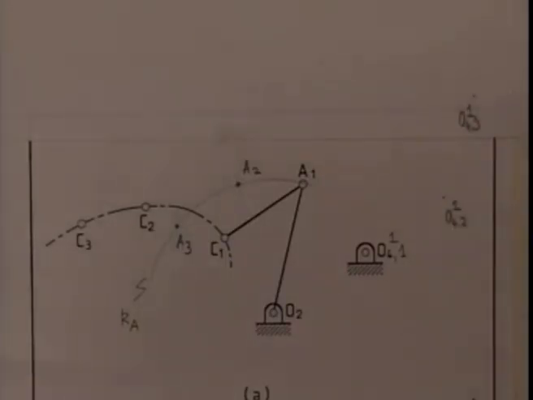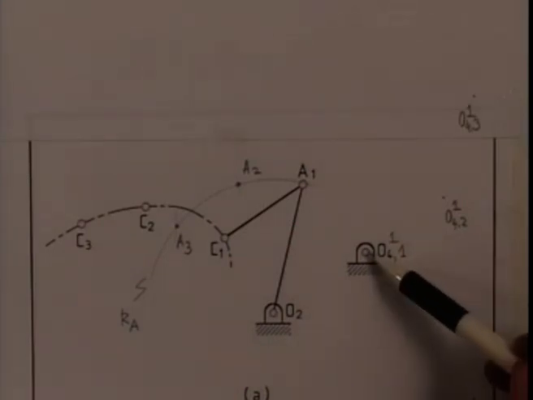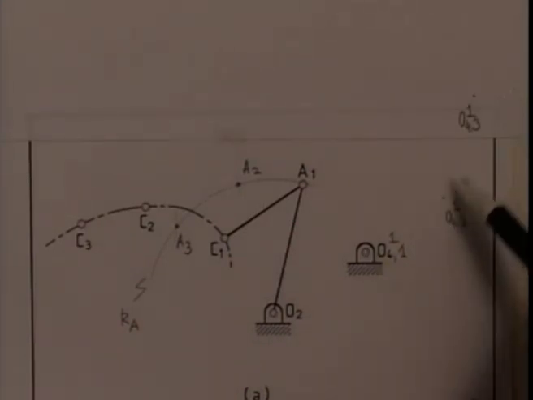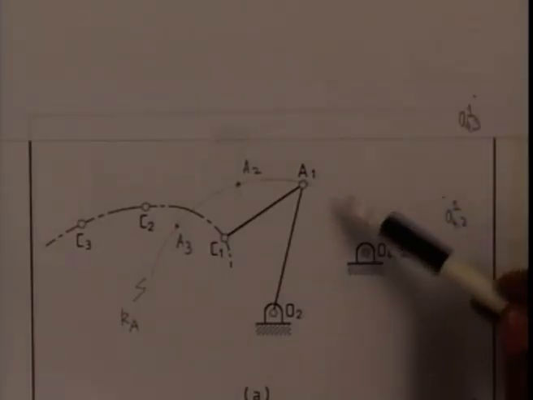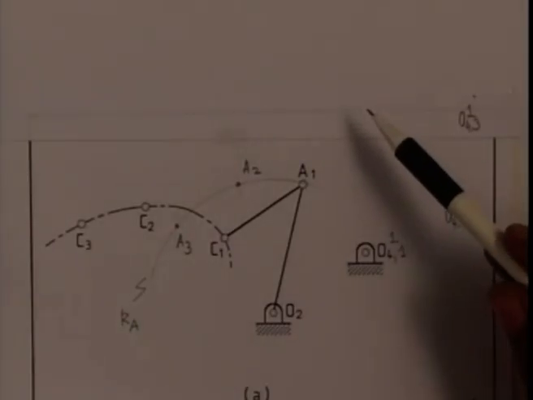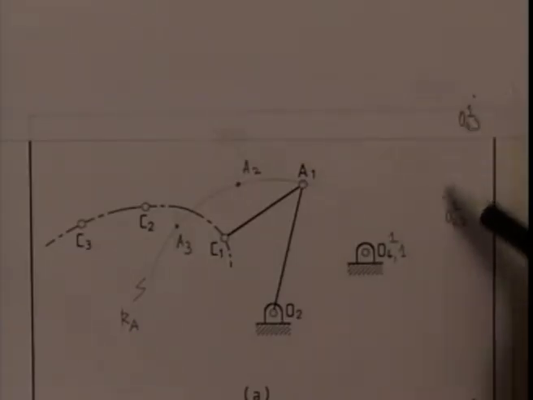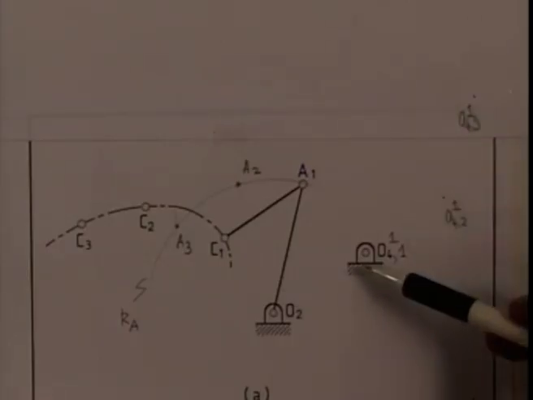So if the coupler is held fixed corresponding to these two relative movements or these three configurations, the location of O4 is here, here and here. If the coupler is held fixed at its first configuration, that is the point B does not move, it remains at B1 and O4 moves in a circle with O4B as the radius.